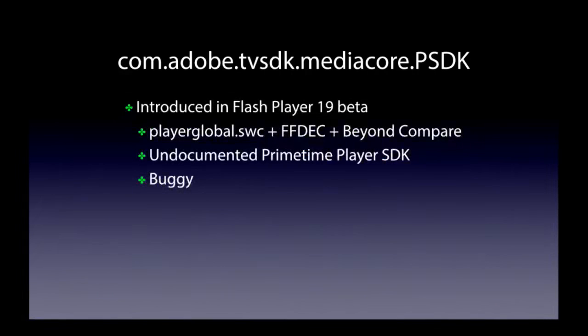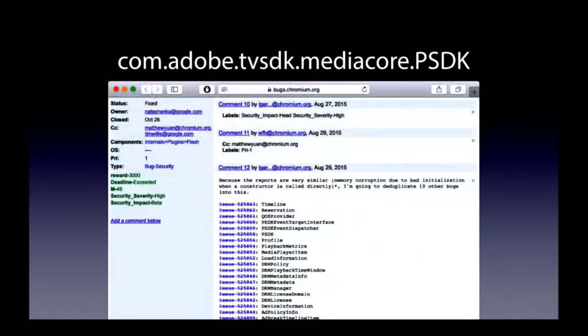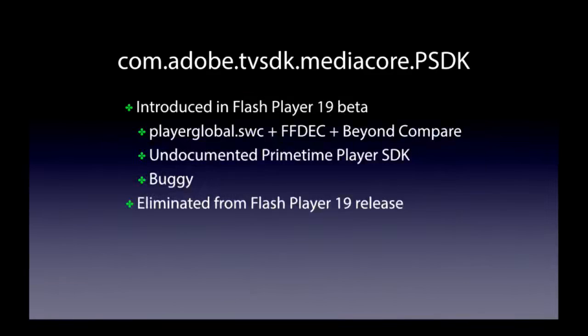I found many memory corruptions last August, and after I reported them to Adobe, they chose to remove the entire package from the next version. So at that moment, I just thought maybe the whole package shouldn't be exposed to the developer. But after half a year, the whole package is back in Flash version 21.